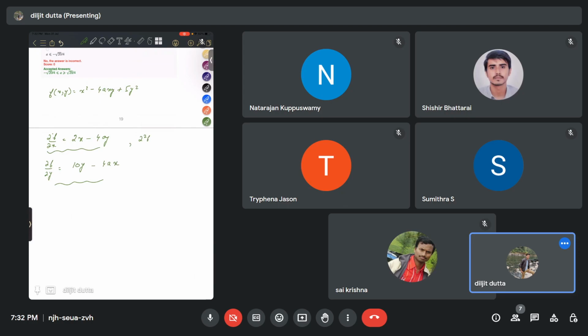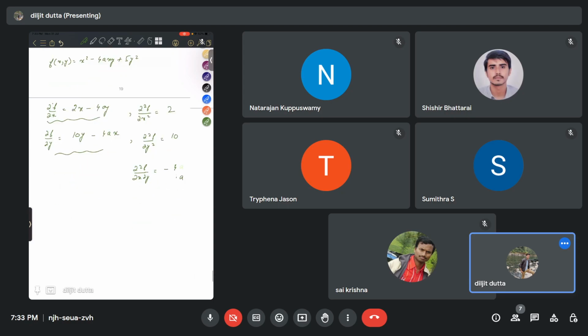Del square f by del x square is equal to 2, del square f by del y square is equal to 10, and del square f by del x del y will be equal to minus 4a, right?